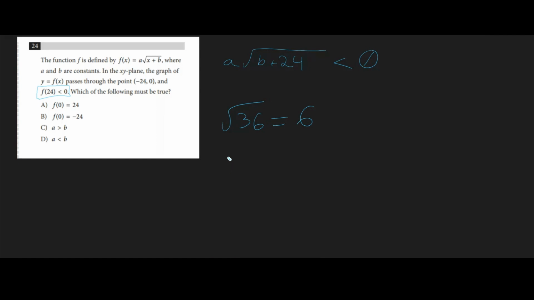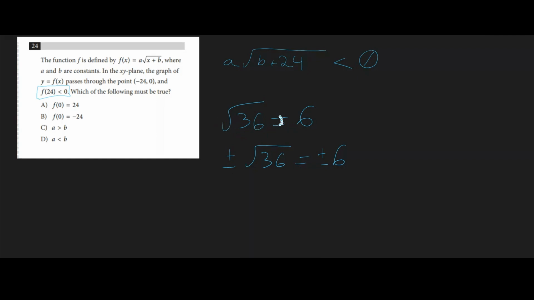Only if the problem states plus or minus in front of a square root of 36 would we have two solutions, plus or minus 6. You can imagine the quadratic formula, where you've probably seen the plus or minus in front of a square root. But unless otherwise specified, we only care about the positive root.